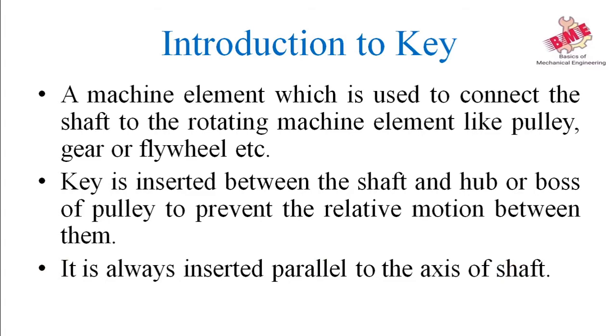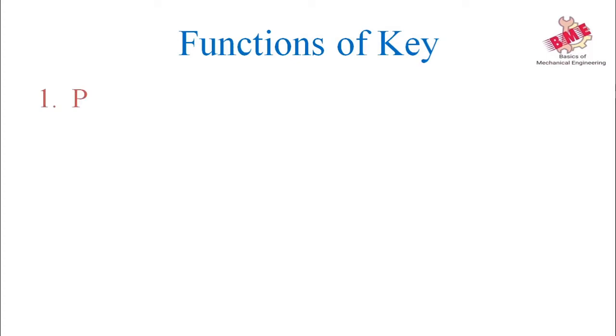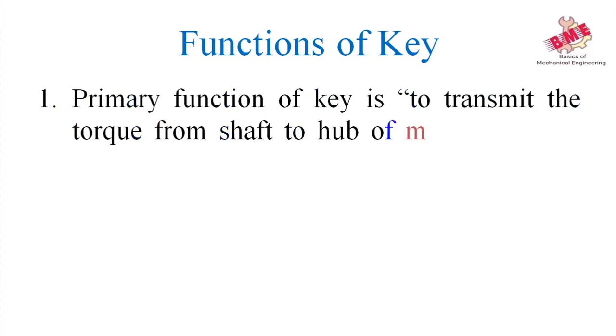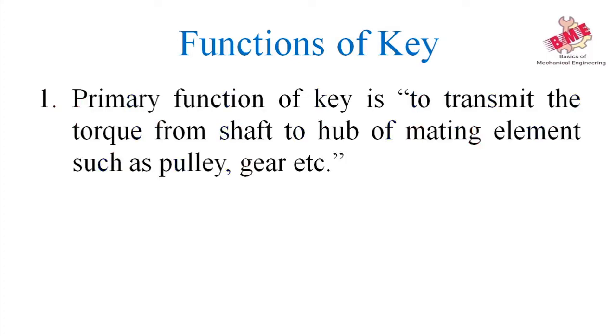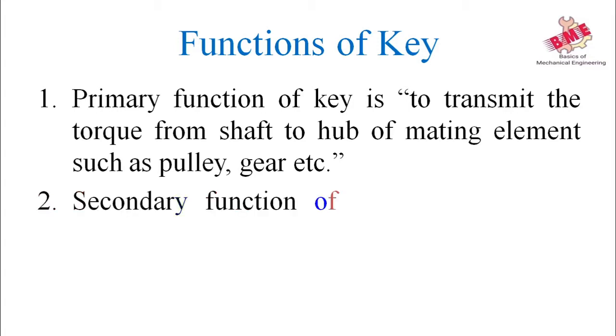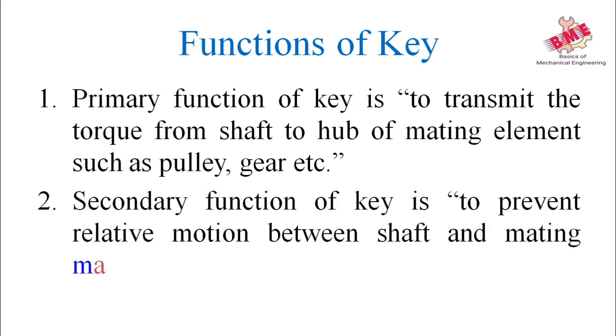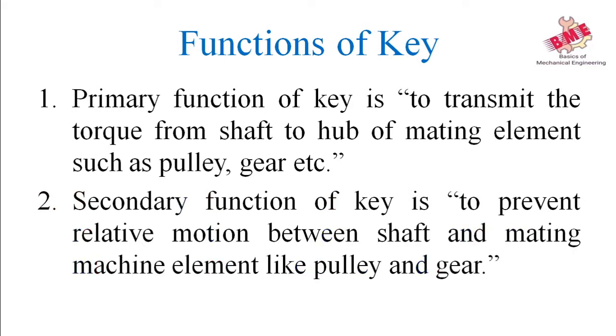Now we will see functions of key. Primary function of key is to transmit the torque from shaft to the hub of the mating element such as pulley, gears or sprocket and vice versa. And the secondary function of key is to prevent the relative rotational motion between shaft and mating elements like gear or pulley.